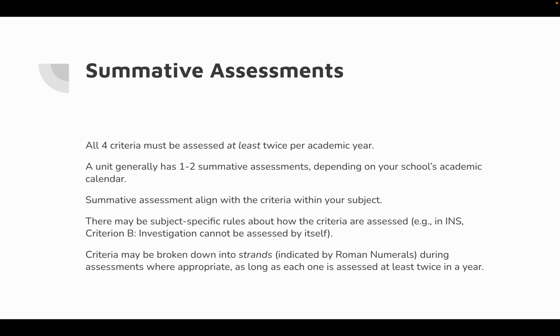Each of the criteria, in addition to being a skill, is broken down more specifically into what are called strands, and those strands are indicated with Roman numerals that can also be broken apart and assessed across different summative assessments.